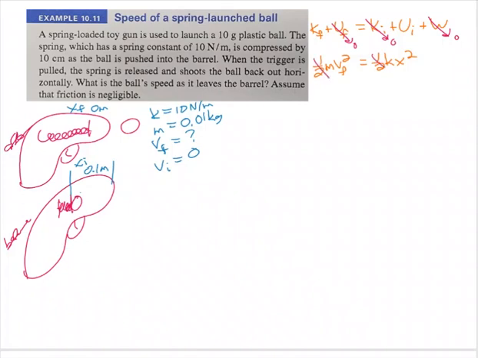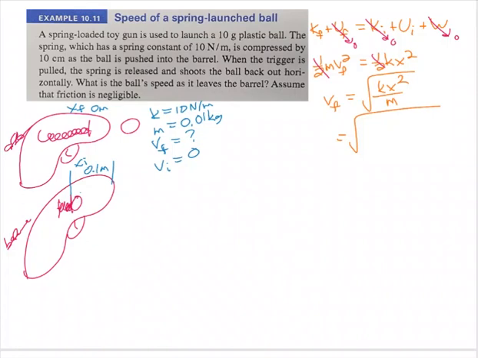I can divide both sides by m, and I can square root. So when I do that, I'm going to wind up with the square root of kx squared over m. You got it. And I know all that stuff. Why is it kx squared? Is that just how it is? This is the spring potential, that formula that we worked with.